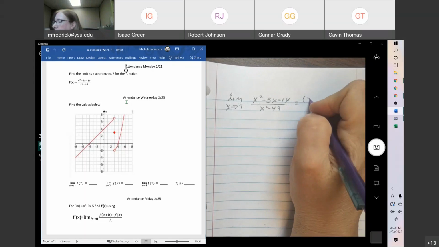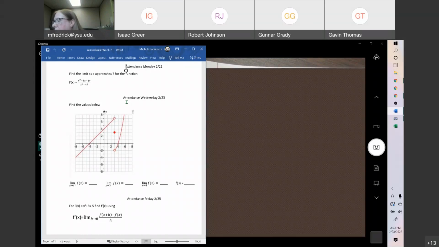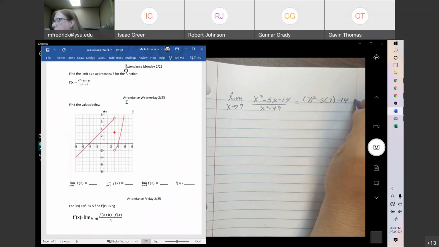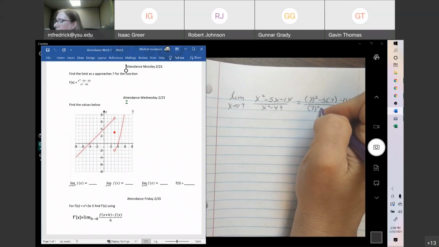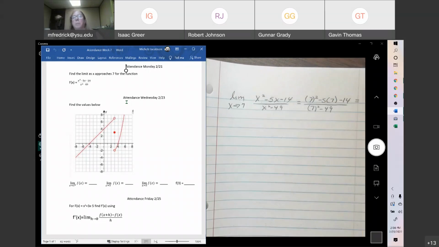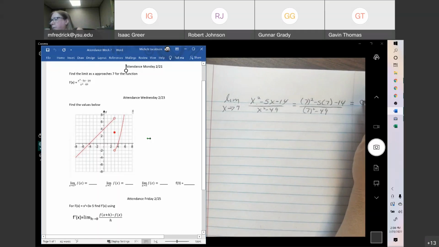So we would have 7 squared minus 5 times 7 minus 14 over 7 squared minus 49. And when we do that, you get 0 over 0.